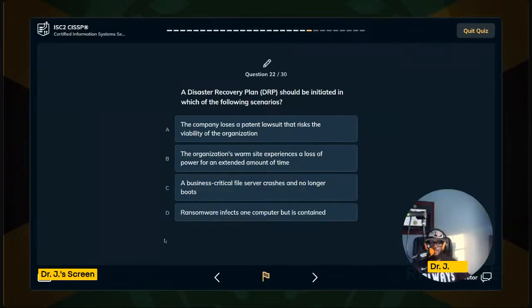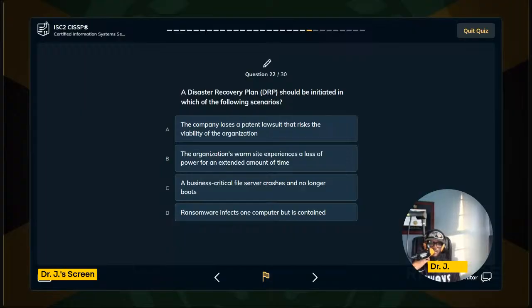All right, a disaster recovery plan or DRP should be initiated in which of the following scenarios? Disaster recovery plan should be initiated. So, all right. An organization's warm site experiences a loss of power for an extended period of time. A company loses a patent lawsuit that risks the viability of the organization.